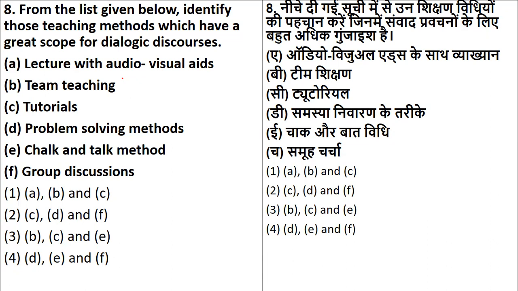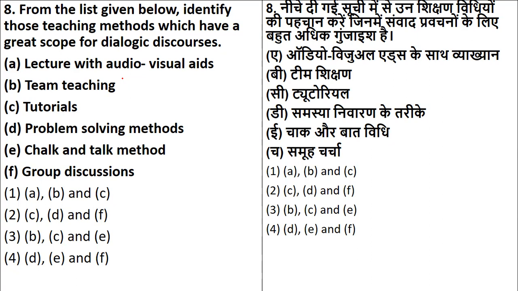So when we say dialogic discourse, now this subtopic was very common in some of the cycles also. So dialogic discourse means your social relation with respect to the status, with respect to intellectualness, with respect to openness, with respect to critical and creative thought. So how in teaching are they identified?